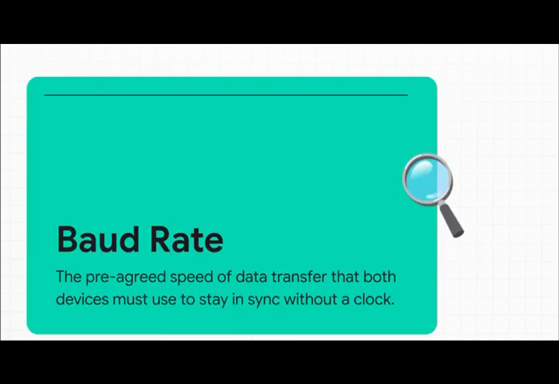But hold on, if there's no clock, how on earth do the two devices stay in sync? How does the receiver know how fast the data is coming in? Well, they do it by making a deal beforehand. They agree on the speed. This agreed-upon speed is called the baud rate. Both sides have to be set to the exact same baud rate, say 9,600 bits per second, or all you'll get is gibberish.